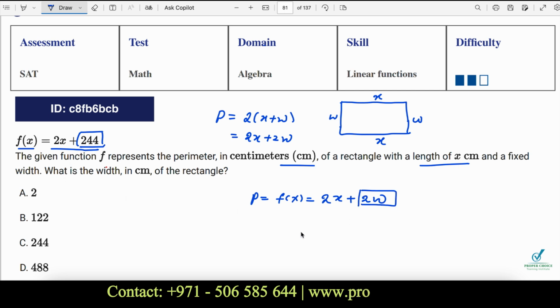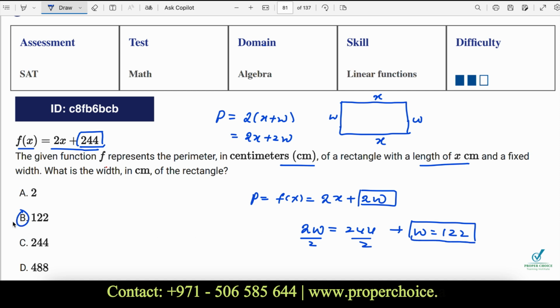So 2w equals 244, divided by 2 on either side to get the value of the width. W is going to be half of 244, which is 122 centimeters. This will be the width of the rectangle, which is option B.